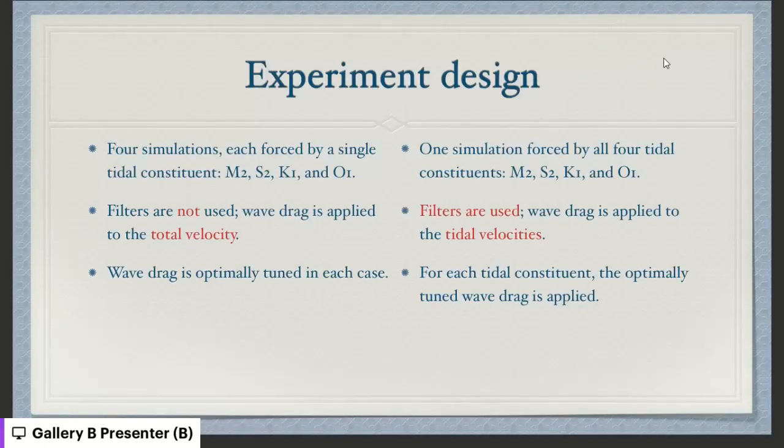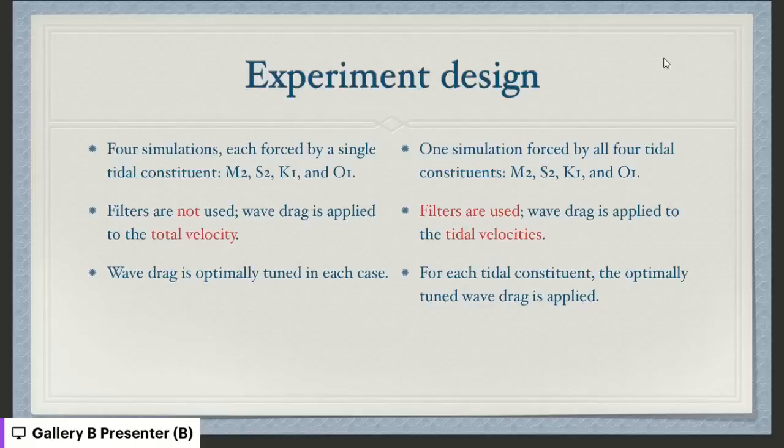I will present 2 sets of simulations. In the first set, the simulation is forced by only a single tidal constituent, one in each simulation. So in that case, I don't have to apply the filtering because the total velocity is approximately equal to the tidal velocity, at least in the deep ocean.